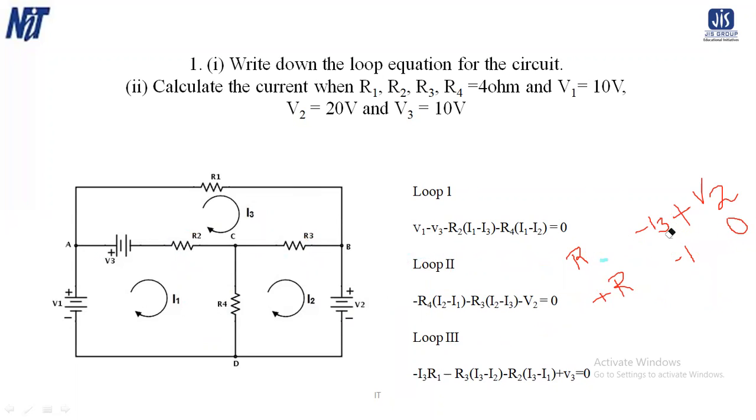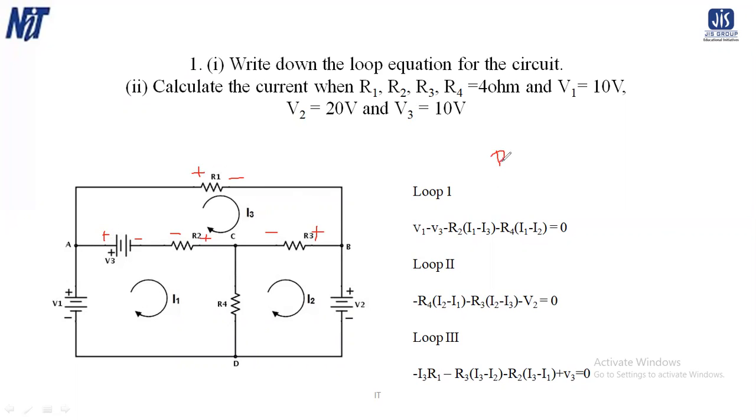Now I think the concept is clear to all of you. So tell me what will be the third one. The third loop equation will be, look, this is plus minus because current is flowing from here. This will be plus minus, this is plus minus, here automatically it is minus plus. So tell me what is the equation for the third loop.